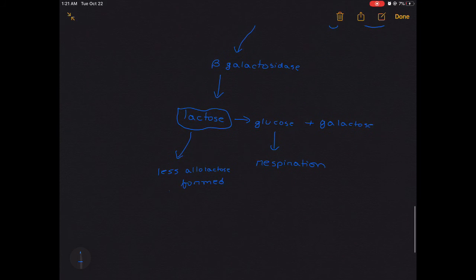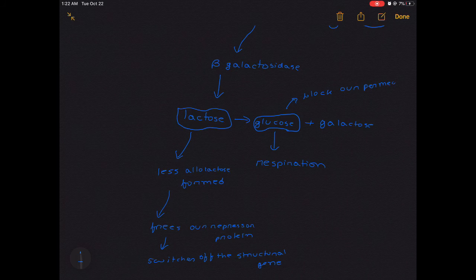This in turn frees our repressor protein, which in turn switches off the structural gene. Along with this, as we now have glucose present, this will also block our permease enzyme.